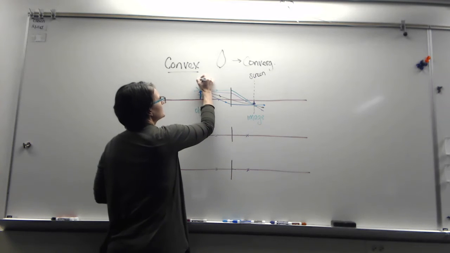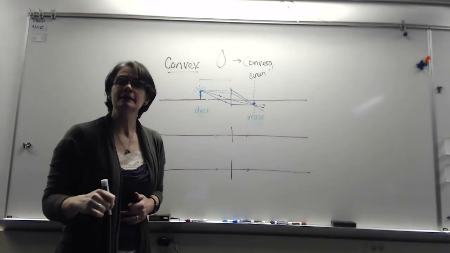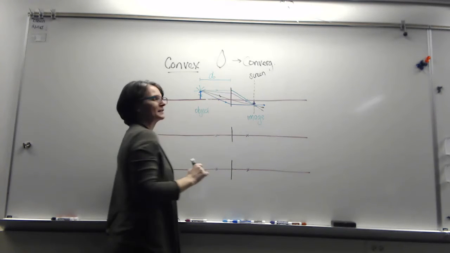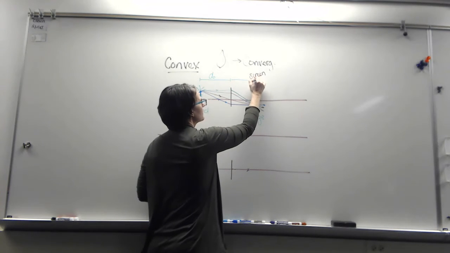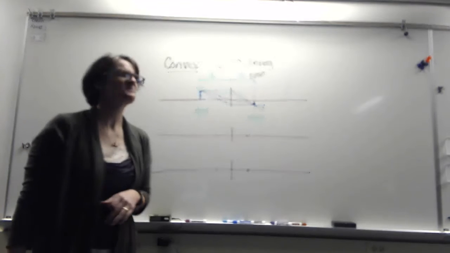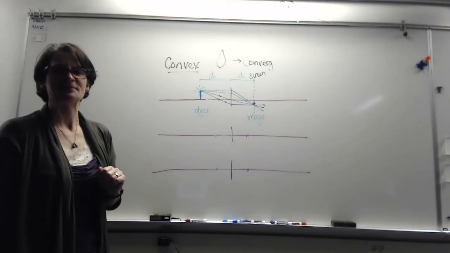The distance between the object and the lens is the object distance, well named. The distance between the image and the lens, wait for it, the image distance. All right. So, a couple more bits of vocabulary.